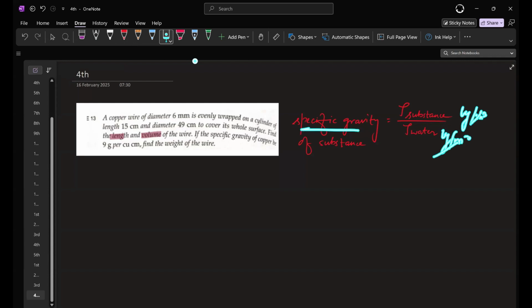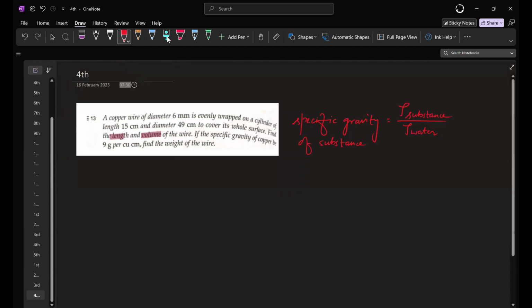So specific gravity is a unitless quantity, and the unit given here for the specific gravity of copper is wrong. They shouldn't have given the units in the first place. Just for the instance, it is given as 9 gram per cubic centimeter.